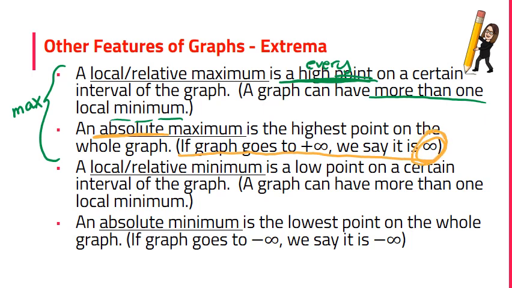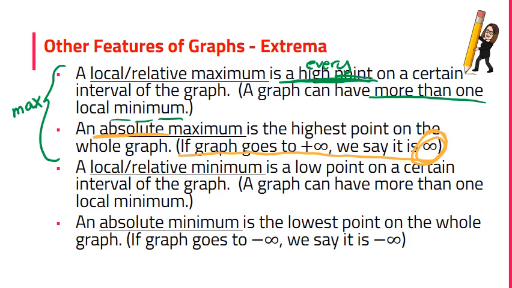So if it has an upper bound, then it's going to be the highest point. If it does not have an upper bound and it goes forever up, we say it is infinity. So what's the absolute highest point that graph goes? The name, just think of it very literally, absolute.